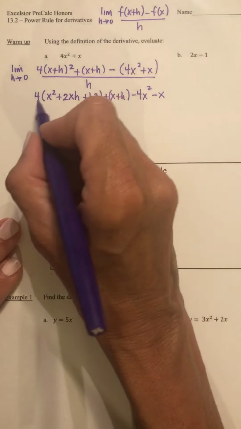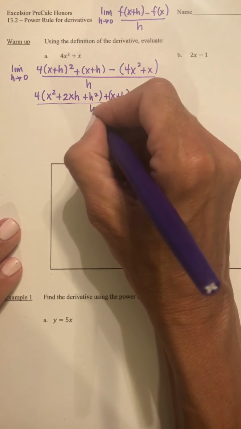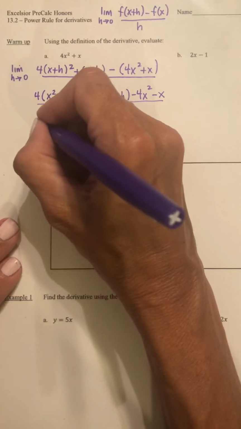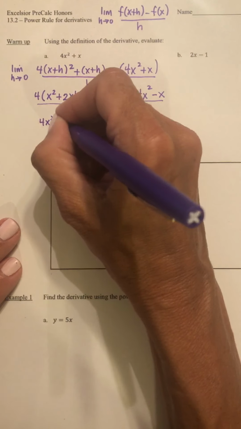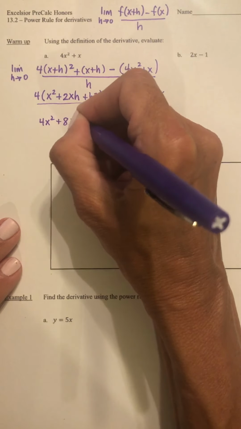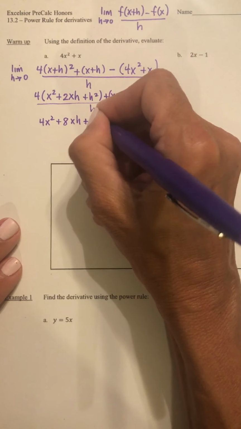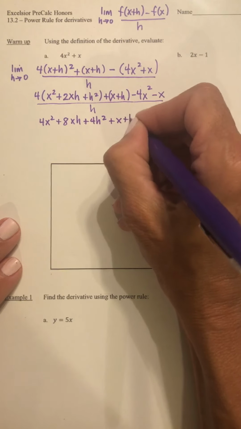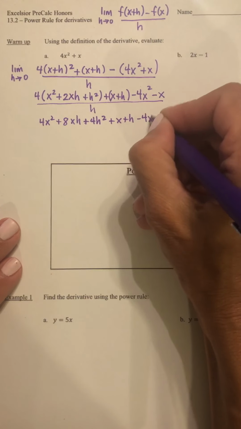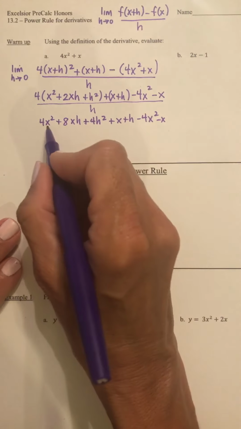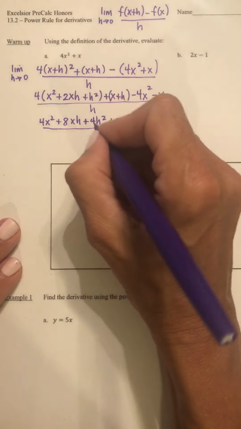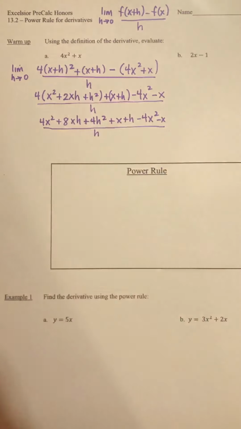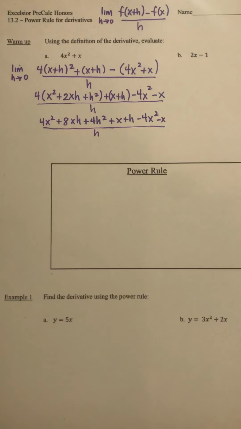Okay. And that's, again, all over h. All right, simplifying again. 4x squared plus 8xh plus 4h squared plus x plus h minus 4x squared minus x, Lordy, over h. All right, so we're going to clean up a little bit.